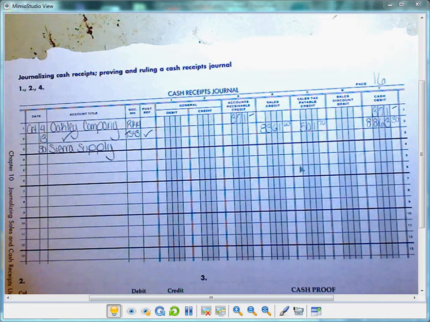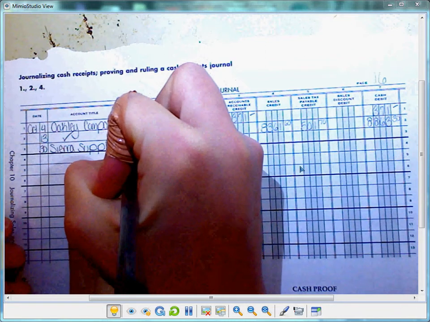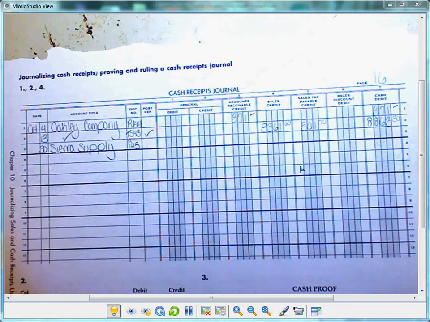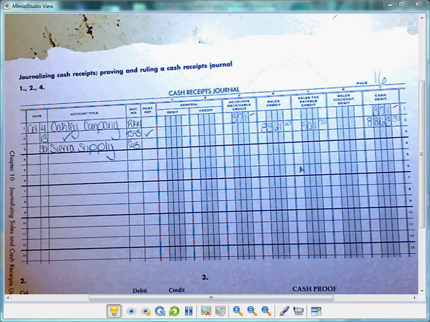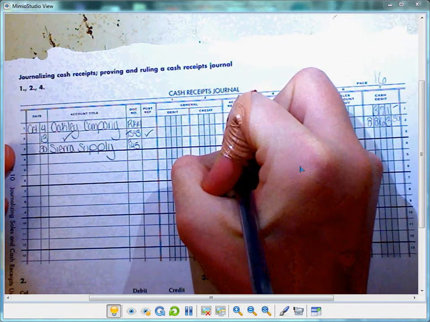Document number is R145. And our $5,989, where do we think we might put that? Accounts receivable credit, $5,989.